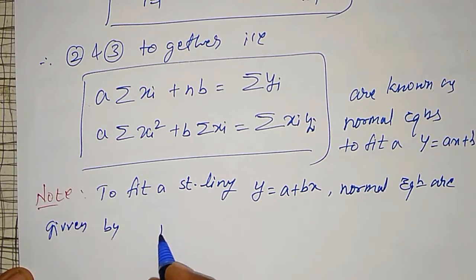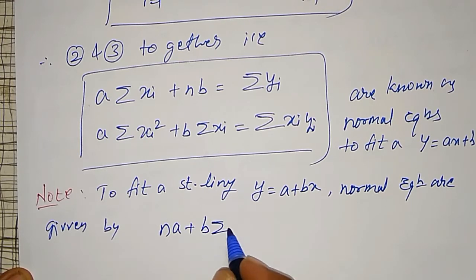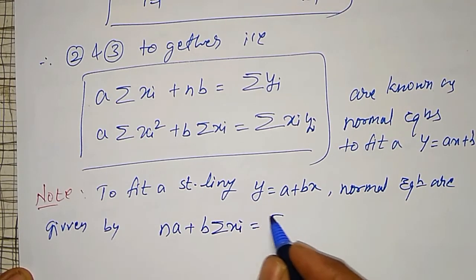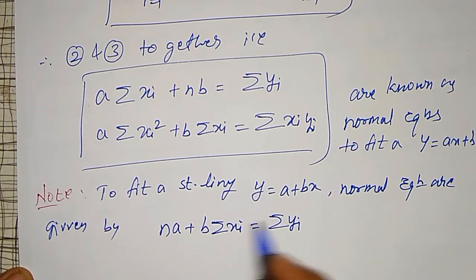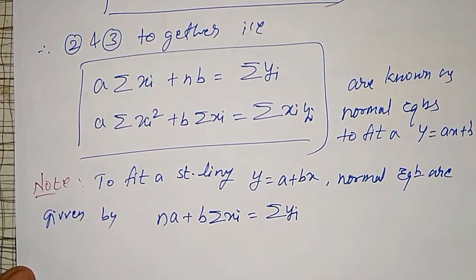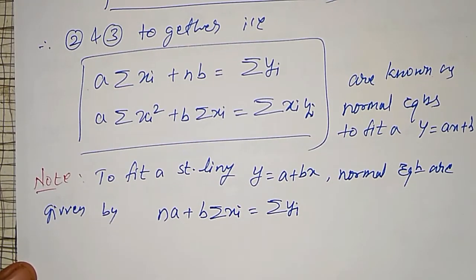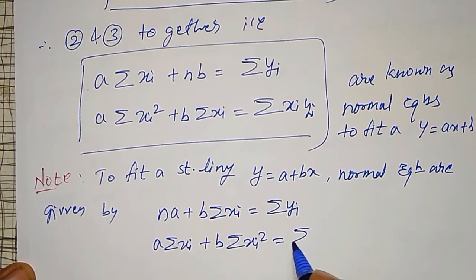summation; we have to apply n into a plus b into summation xi equal to summation yi. For the same we apply summation, and to get the second equation I multiply throughout by x, that is a into summation xi plus b into summation xi squared equal to summation xi into yi.